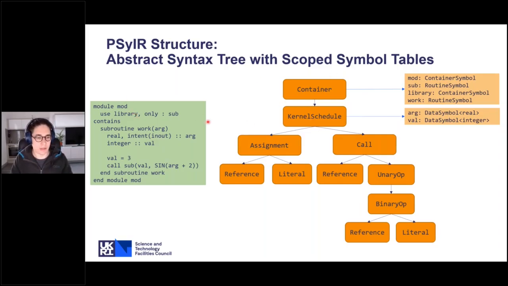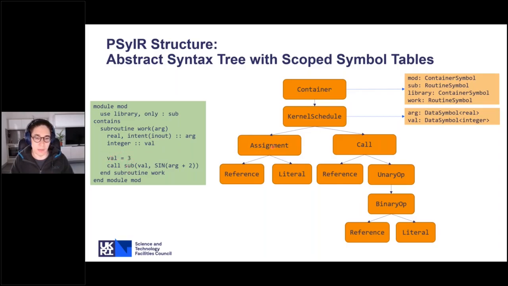You can see that this relates one with the other. We start with a Fortran module, which in our PSyIR we define as a container. Then inside the module we have a work subroutine, which in this case is represented as a kernel because we think about computational kernels in Psyclone. And from all of this, there are really just 2 lines that execute things.